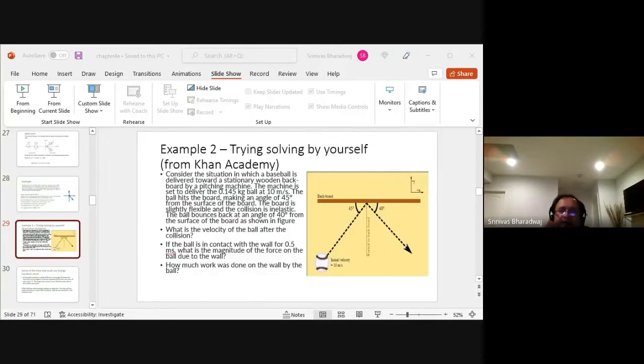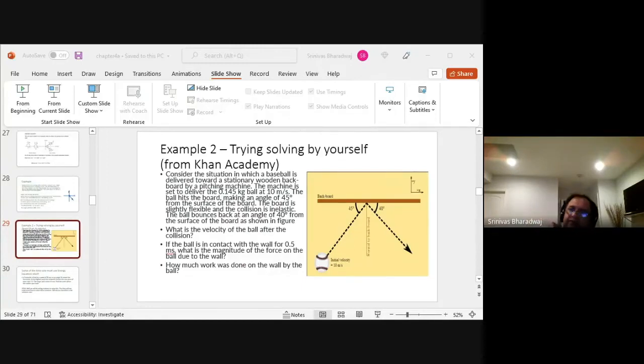Now in this direction, one thing you do know is that 10 cos 45 is the horizontal component. What you don't know is V. V cos 40 will equal 10 cos 45.